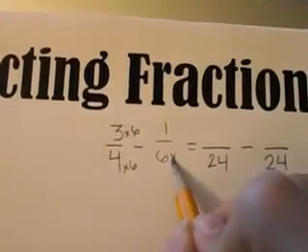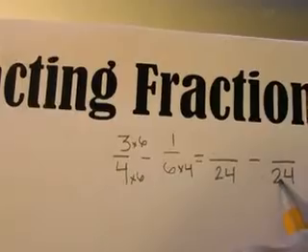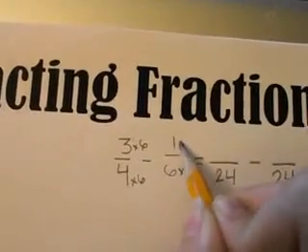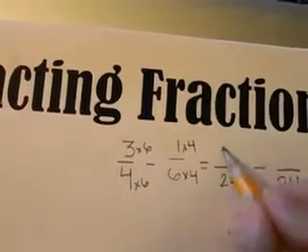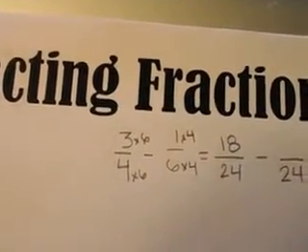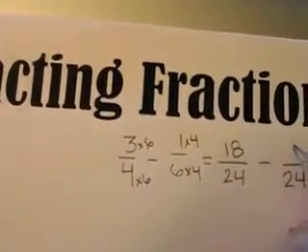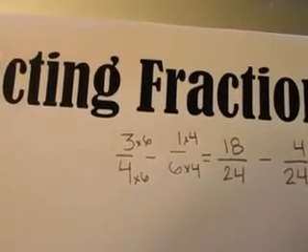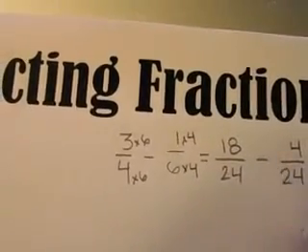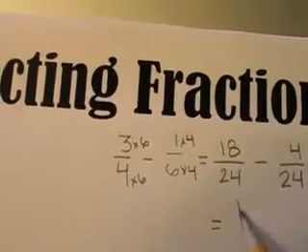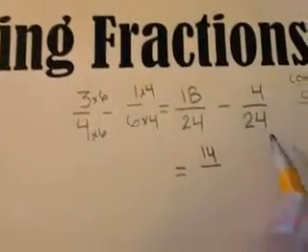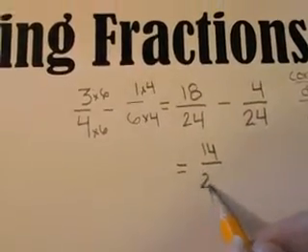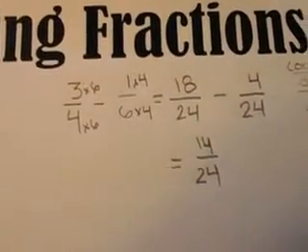If I have to multiply 6 times 4 to get to 24, I also have to multiply my numerator by 4. 3 times 6 is 18. 1 times 4 is 4. 18 minus 4 is 14. And I never subtract the denominators, so I still have 14 over 24.